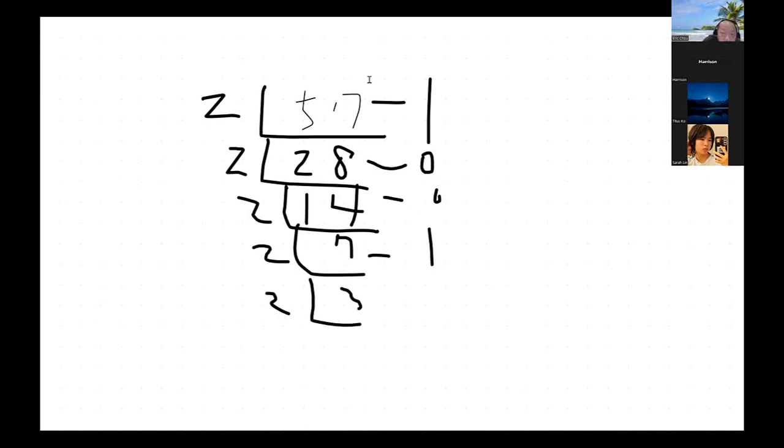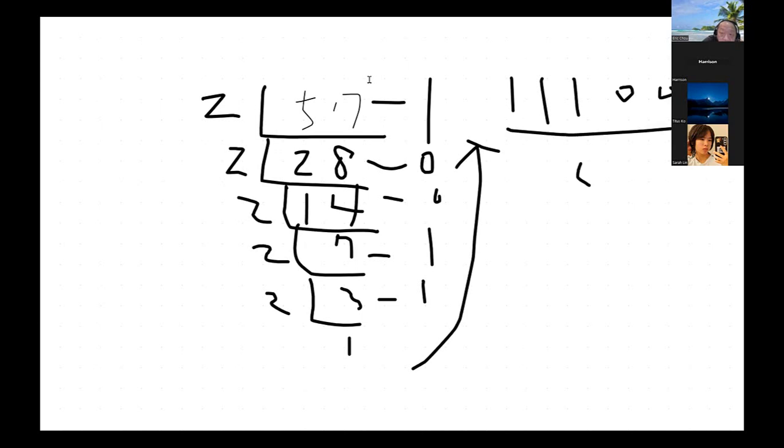So you read from here to here, it'll be 1, 1, 1, 0, 0, 1. This is binary. So 57 in decimal means 111001 in binary. So that's how you convert 57 to binary.